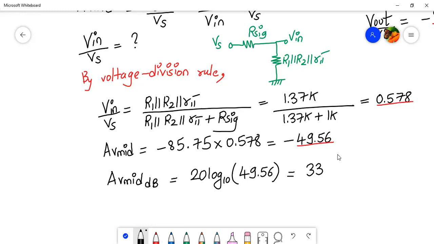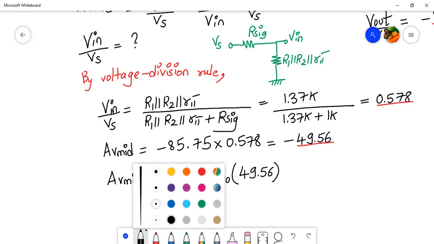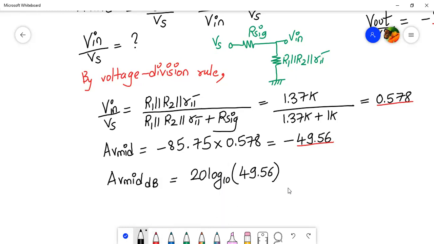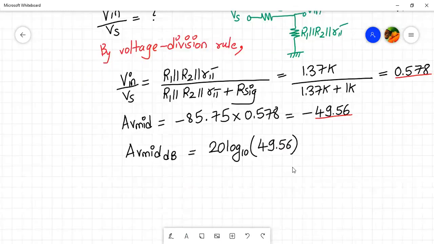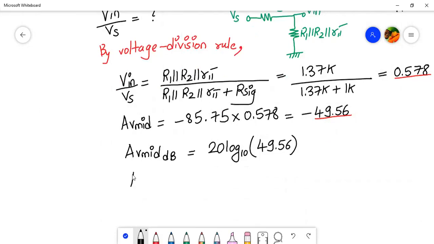Okay, so the value of AV mid is coming out to be, let me write it down again below, because that's an important number. So I'll write it again over here. AV mid in dB is 33.9 dB.